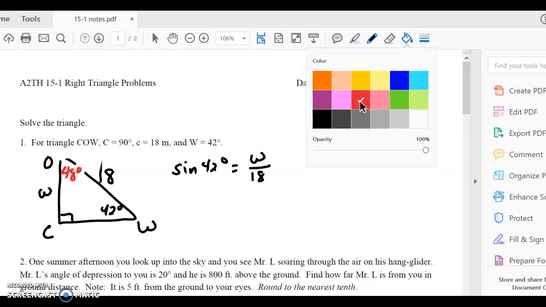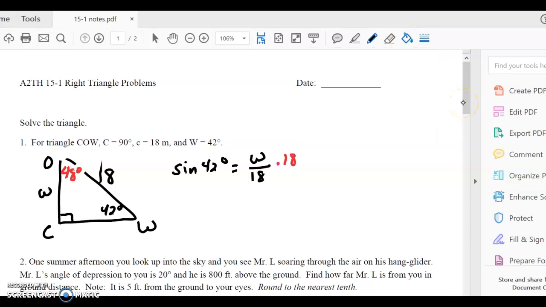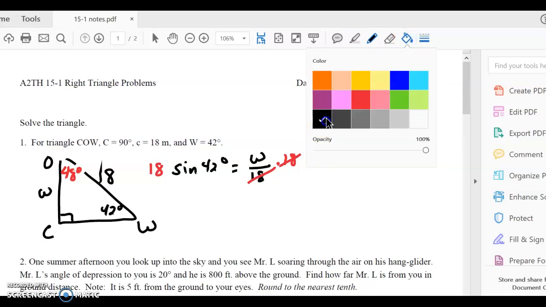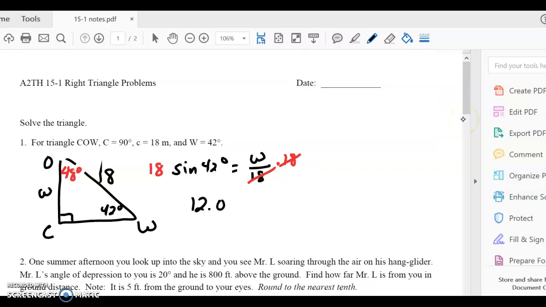Then we're going to multiply through by 18 on both sides, and we're going to multiply 18 times sine of 42. Make sure your calculator is in degree mode. We're going to estimate this, and it ends up rounding to about 12. So that's the length of side w, also known as side OC.